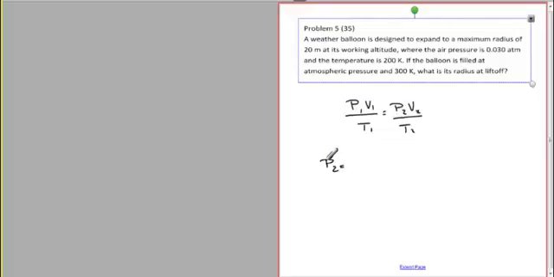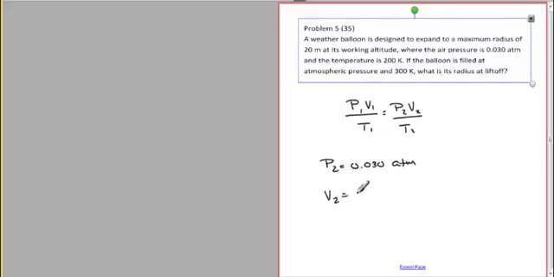So P2 is 0.030 atmospheres. We don't know V2, and we're going to assume that this thing is a sphere. Yeah, this is radius.